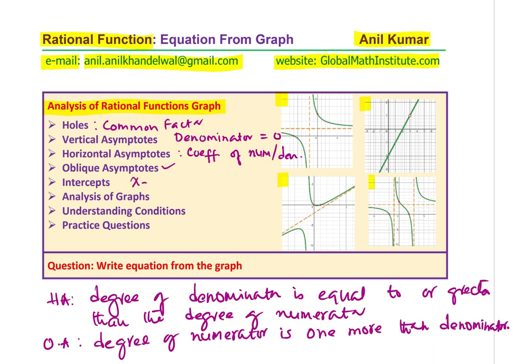X-intercepts will give you factors in the numerator. Clear? The y-intercept we have used to check the a value. Is that okay? Check for a. So that gives you a good idea about how we could actually write down the equation from the given graph.